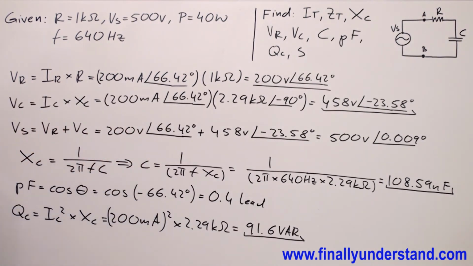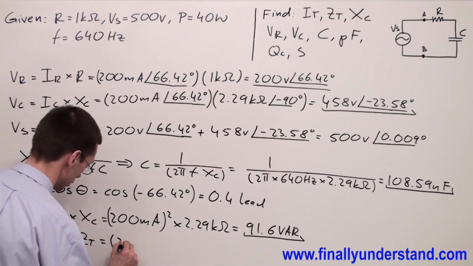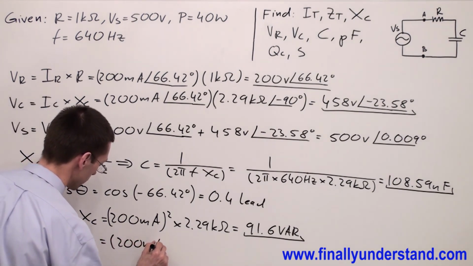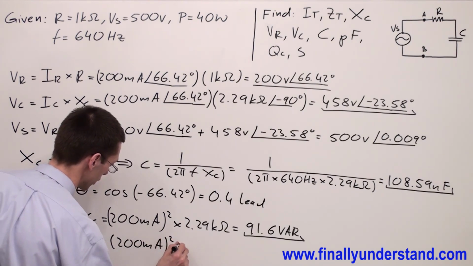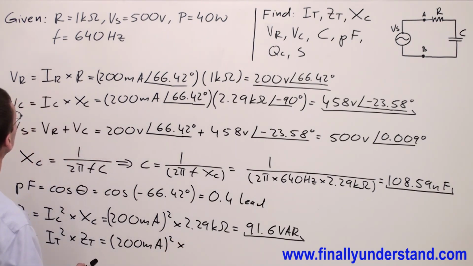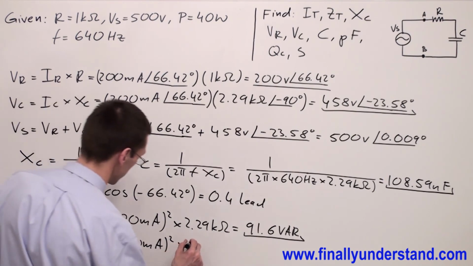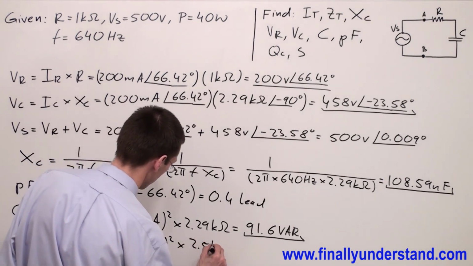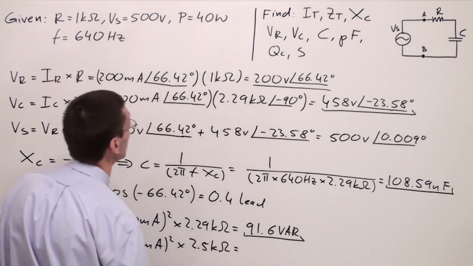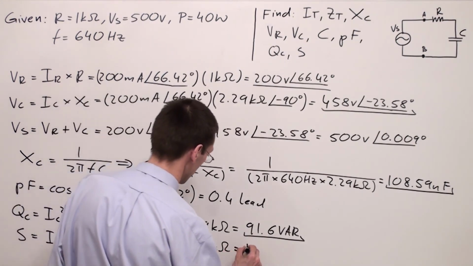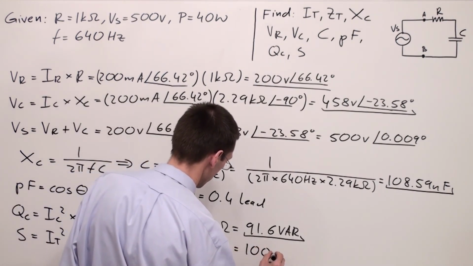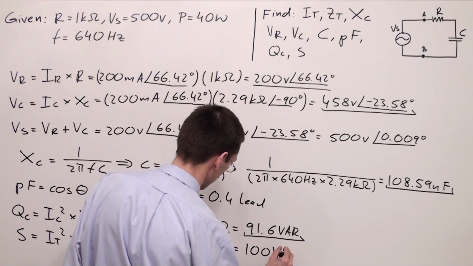And if you want to find apparent power, S is equal to I total square times Z total, which is equal to 200 milliamps to the second power times Z total, 2.5 kiloohms, which is equal to 100 VA, volt ampere.